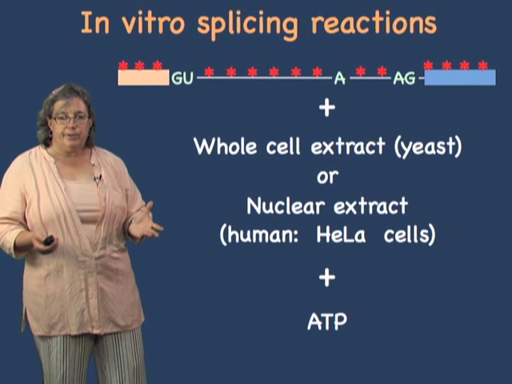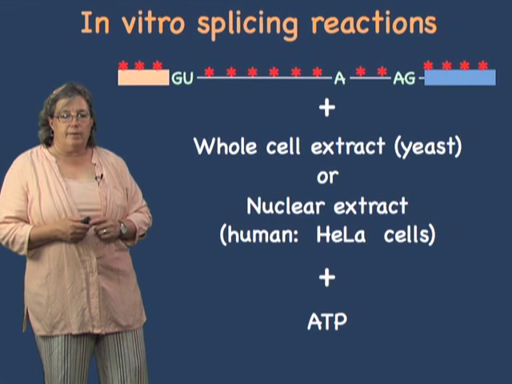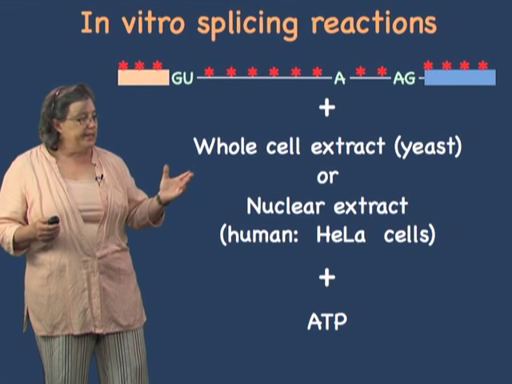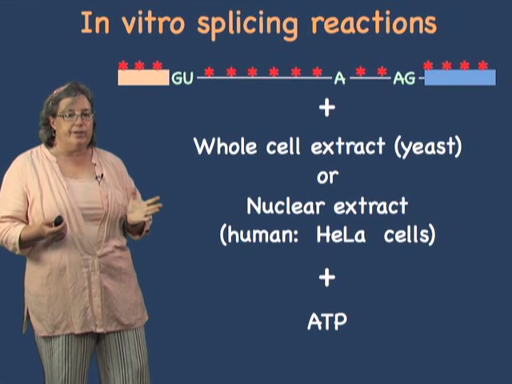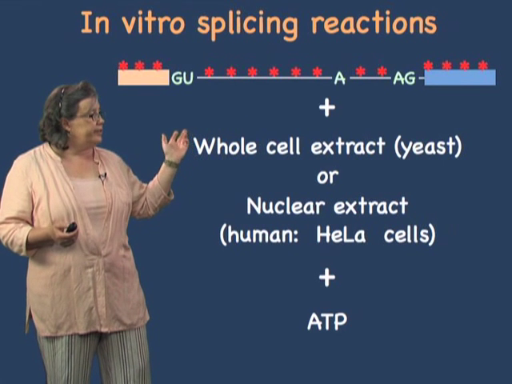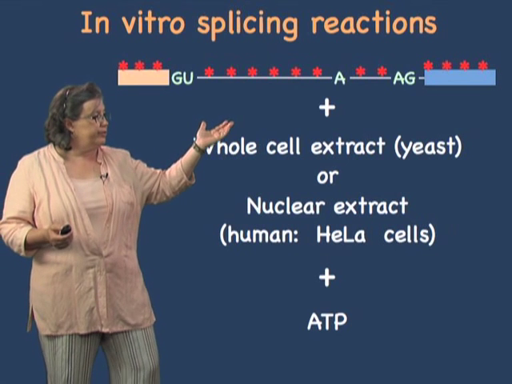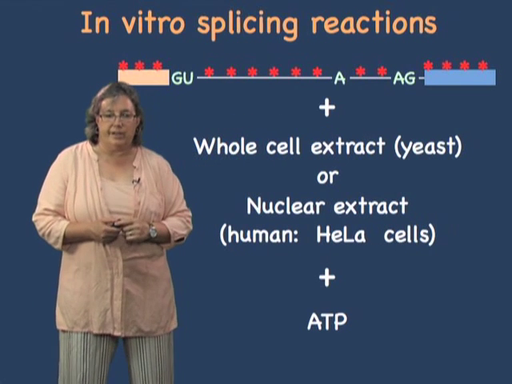In an in vitro splicing reaction, we take a piece of RNA, usually a couple of hundred nucleotides, that would consist of an exon with one intron followed by a downstream exon.